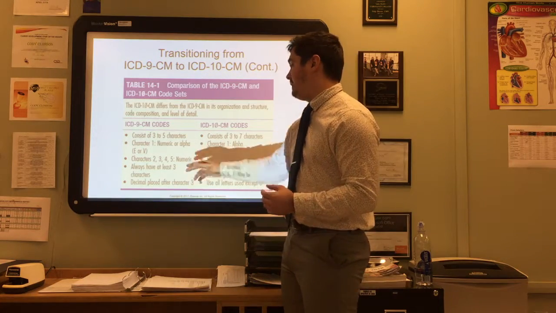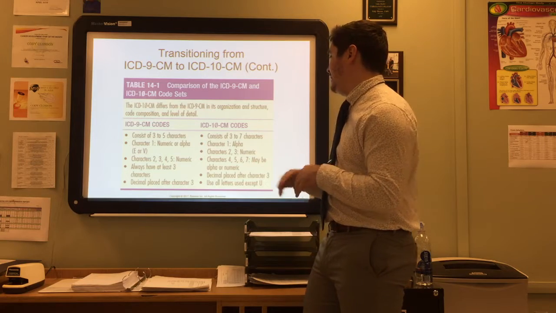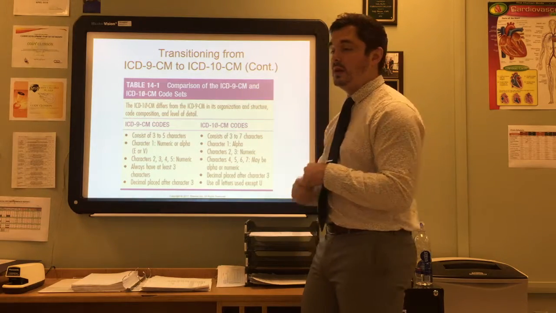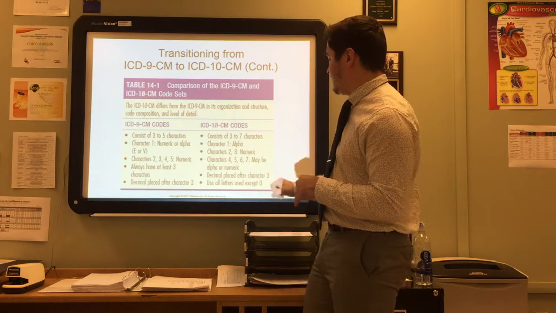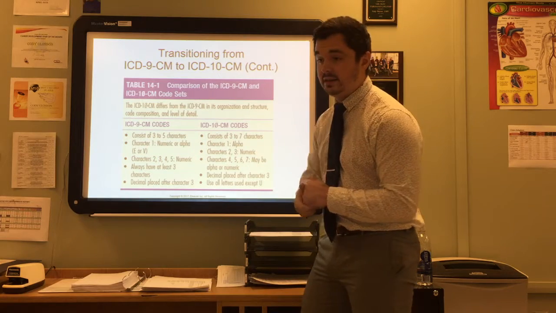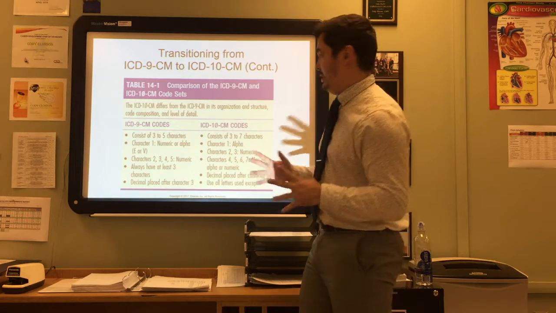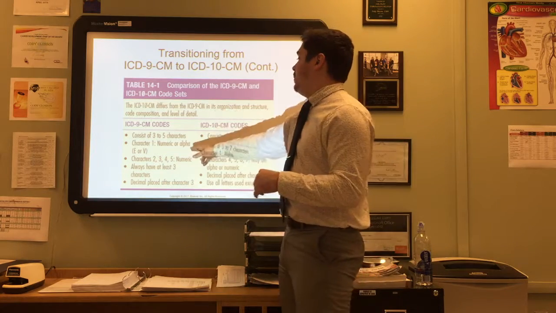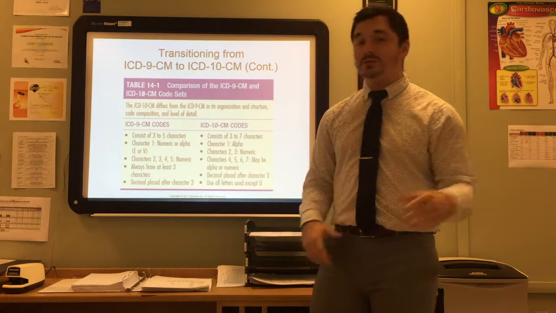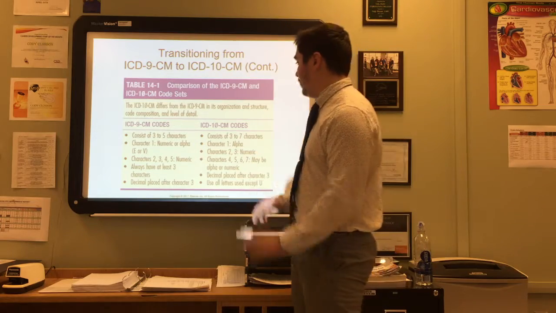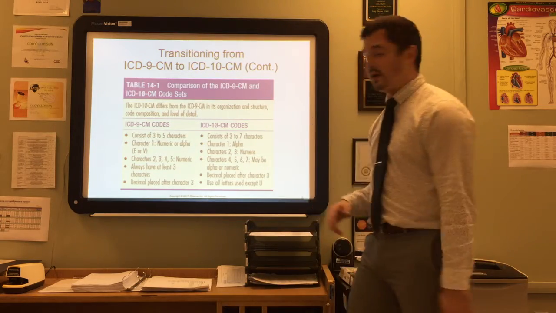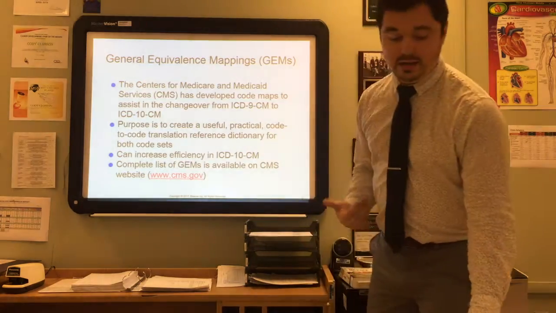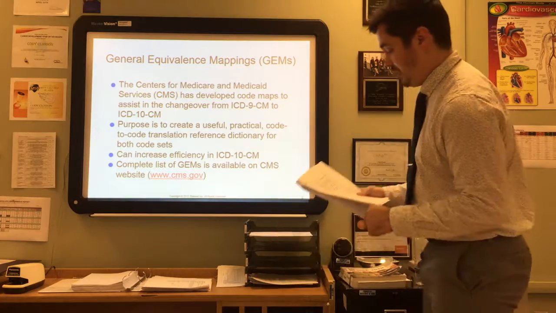You'll always have at least 3 characters in ICD-9 codes, and the decimal is always placed after the 3rd character in ICD-10 codes. And ICD-10 codes will use every letter except for U, while the ICD-9 codes only used E or V. So it's important to know those differences and to really educate yourself on them.